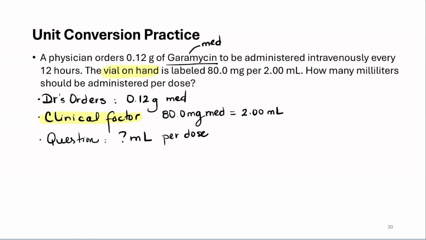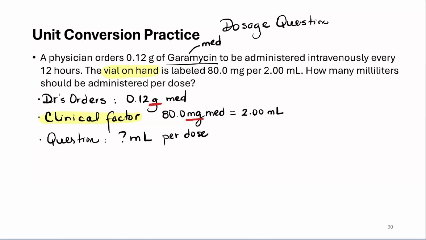So taking this into consideration, every time we're doing this type of problem, which is known as a dosage question or a dosage problem, meaning that we are going to be calculating how much medication we need to administer, the first thing that you need to investigate is whether the unit of measurement that I have in my clinical factor matches the doctor's orders.